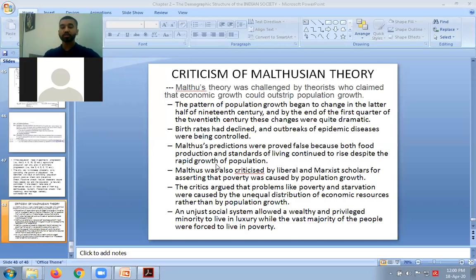That's why the Malthusian theory, or his prediction, proved false eventually, because everything was seen under control. So that's why many people criticize this particular theory. All right, I'm sure you have understood the Malthusian theory, the criticism of Malthusian theory, and the demographic transition theory as well.